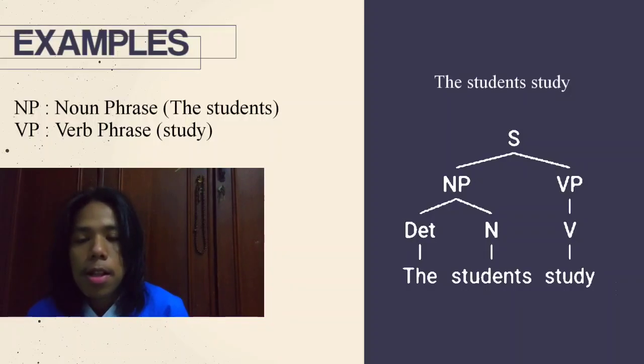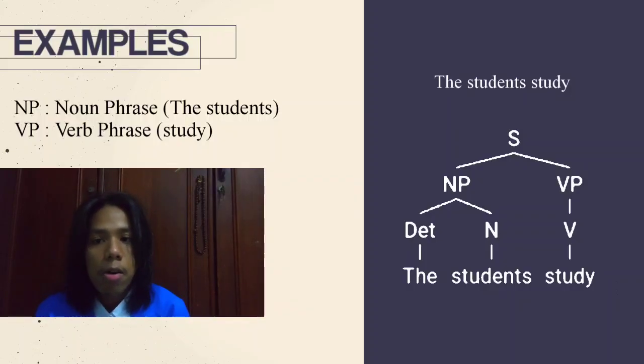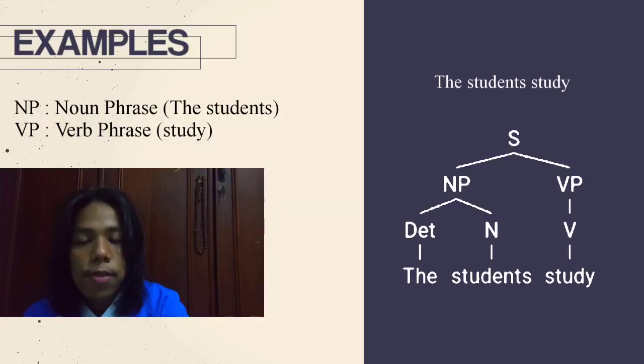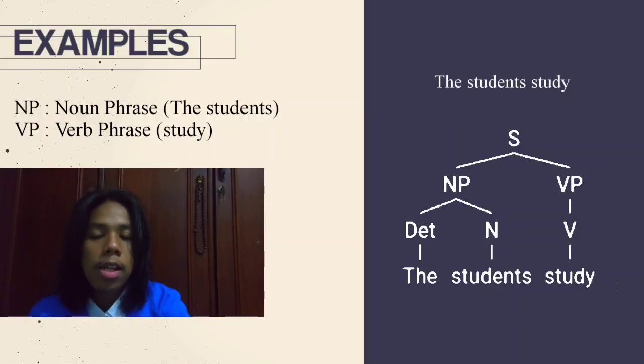In this example, "the student" creates a noun phrase, with "the" as a determiner and "student" as a noun. Next, the verb is "study." It creates the verb phrase because there are no other words. We can identify the verb as the verb phrase.